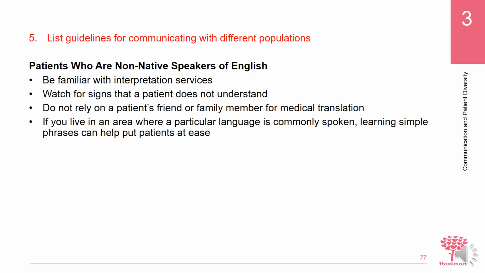Sometimes people are afraid to ask for help when they do not understand. Like I said before, do not rely on the patient's friend or family members to translate medical information. You never know beyond the shadow of a doubt if they're telling you the truth or giving you misinformation. If you live in an area in which a particular language is spoken, learning some simple phrases in that language can help put the patient at ease.